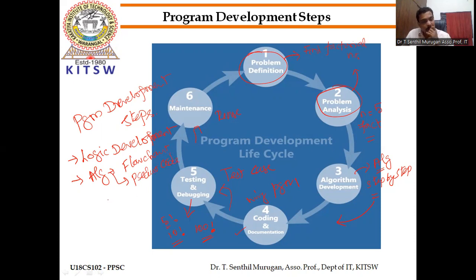After writing these two, we will go for writing the program using high level languages. After that, the testing. Test the program. If the program is correct, then you have to maintain it. So these are the software development steps or program development steps.